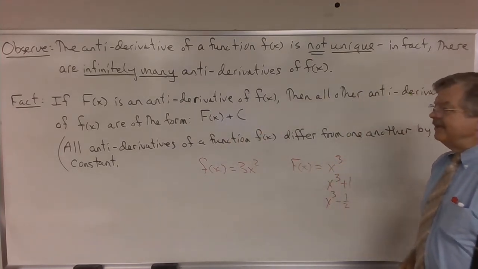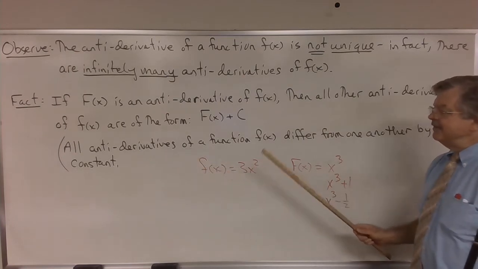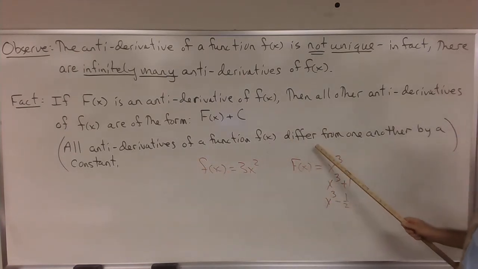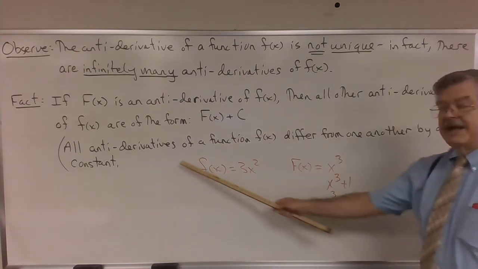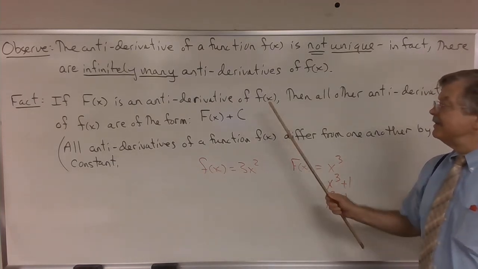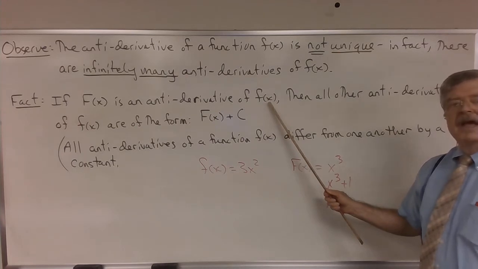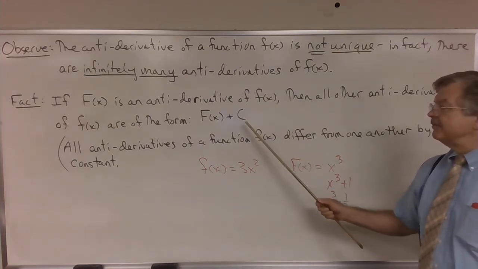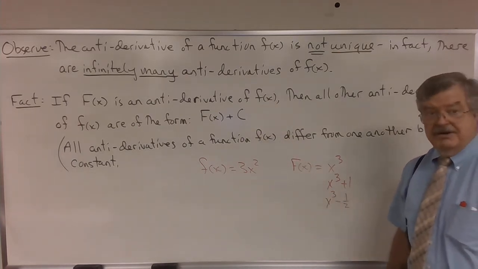Another way of saying this is that all antiderivatives of little f of x differ from one another by a constant. So take any two antiderivatives of this function, and the only difference between them is going to be the constant term.